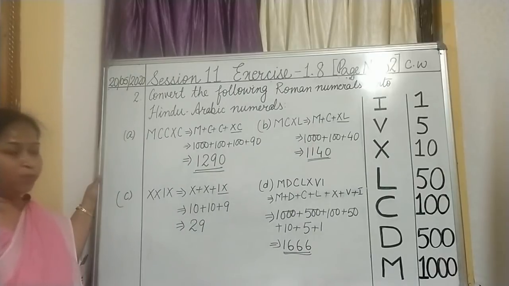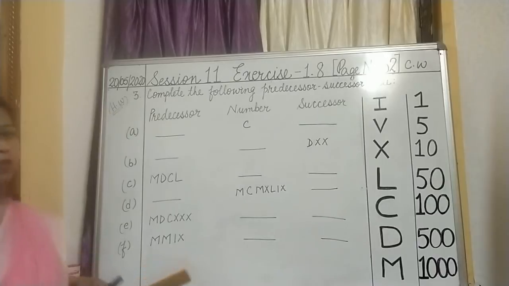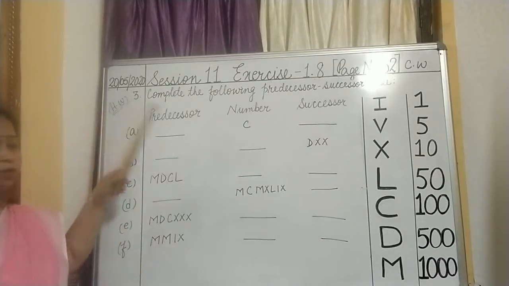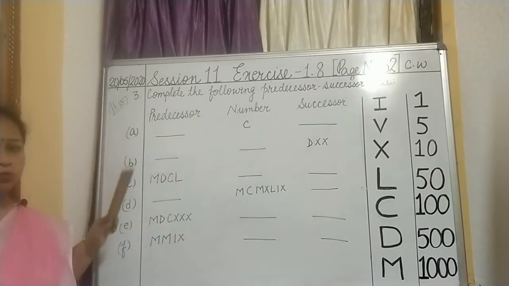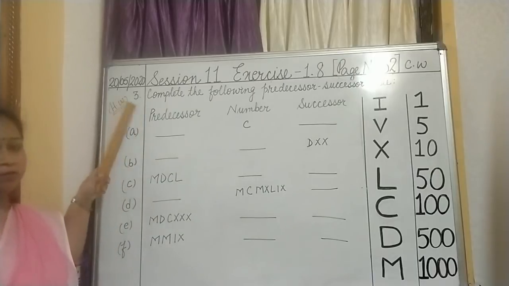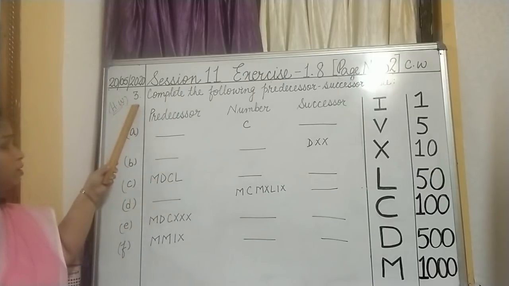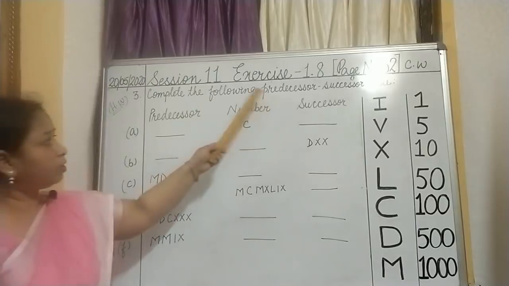Okay. I hope each and everything is clear to you all and understood also. Let us move to the third question. Children, this is the table given over there. If you see your book, you can get this question over there. Question number 3, complete the following table.